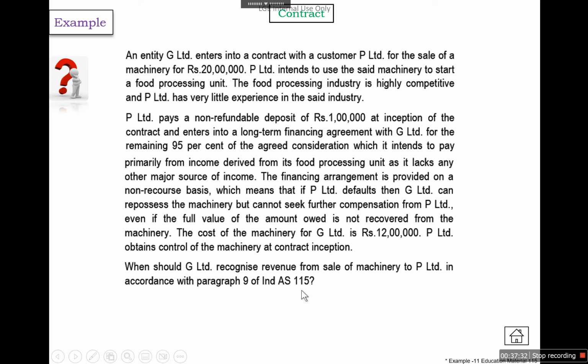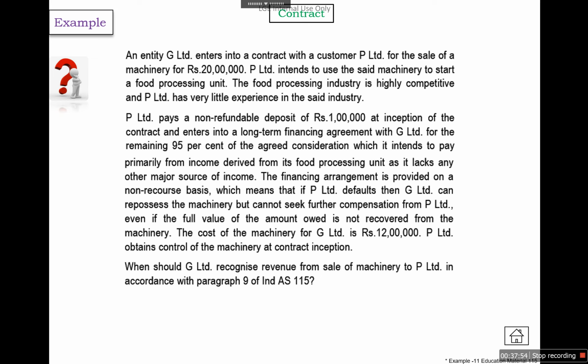So we need to look into the five conditions of a contract. There should be approval and commitment to perform. Yes, it is there. There should be identifiable rights of each party. It is there. Identifiable payment terms. It is there. Commercial substance. It is there. The fifth condition is that there should be probability of collectability.